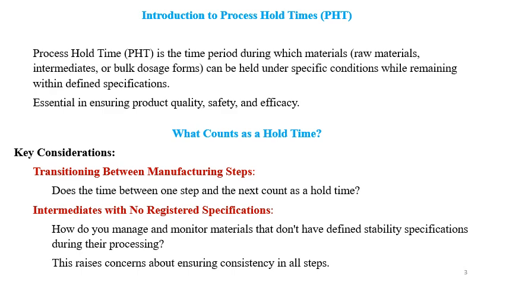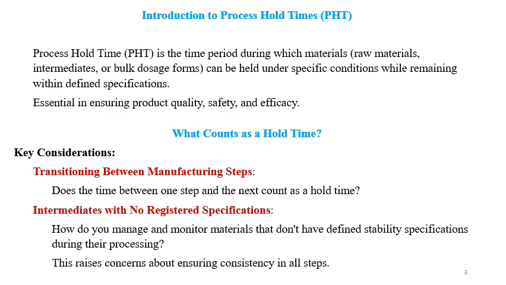for the next processing. For example, if you are working on a tablet manufacturing process, then you may be working with direct compression, roller compaction, or wet granulation process. Simply, if you are working on the wet granulation process, then the materials which are required to be held may be held for testing purposes or for the next processing purpose.